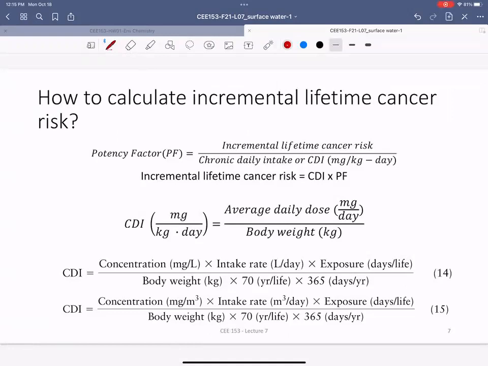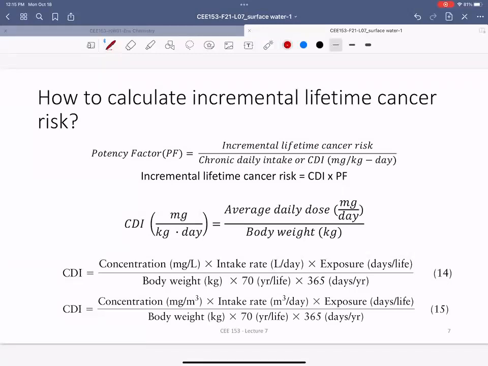The potency factor that's given is basically incremental lifetime risk divided by chronic daily intake rate. That's the equation you've got. So you can calculate incremental lifetime cancer risk. That's something we are concerned about. We want to know how much risk we have.